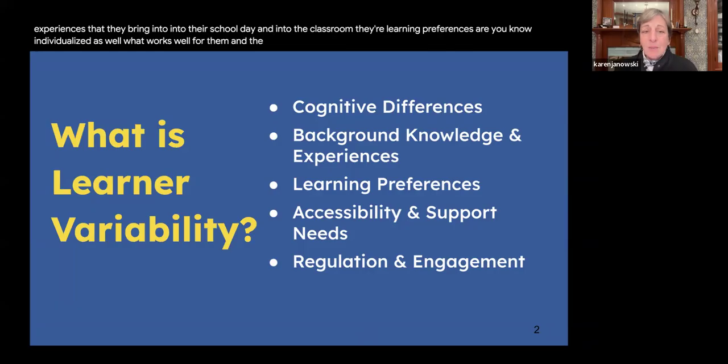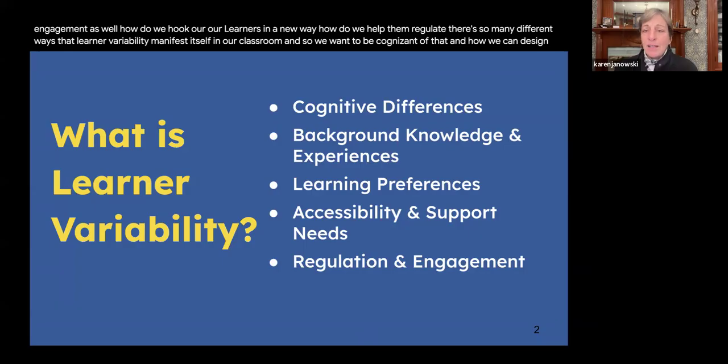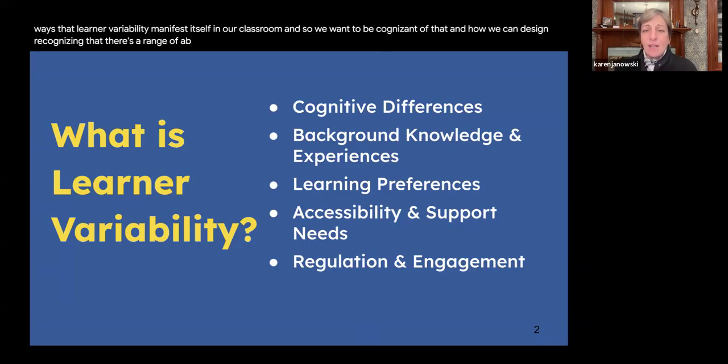And the accessibility and support needs are incredibly variable. And there's a lot of ways that we can accommodate for those differences and those distinctions, and especially regulation and engagement as well. How do we hook our learners in a new way? How do we help them regulate? There's so many different ways that learner variability manifests itself in our classroom. And so we want to be cognizant of that and how we can design, recognizing that there's a range of abilities and a range of presentations in our classrooms.